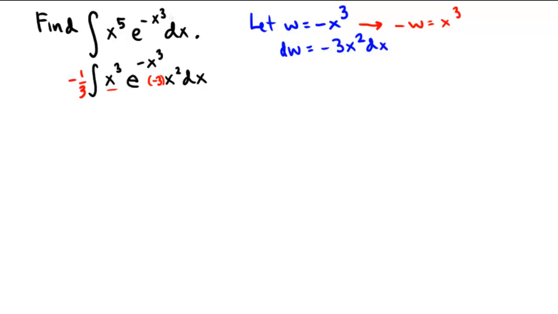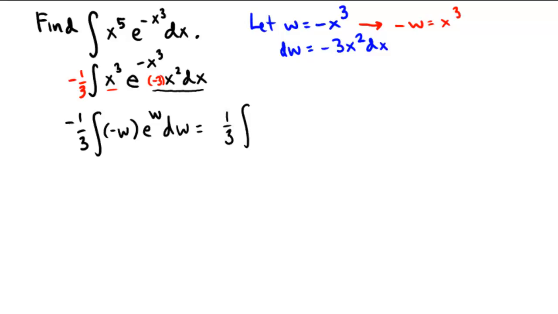So the next level of this will say negative 1/3 integral x cubed, which is equivalent to negative w, e to the negative x cubed, which is an e to the w, and then the negative 3x squared dx is all of this, which is just a dw. So that negative in front of the w and the negative 1/3, I'm actually going to cancel those out, so I'm just getting a 1/3 integral w e to the w dw.